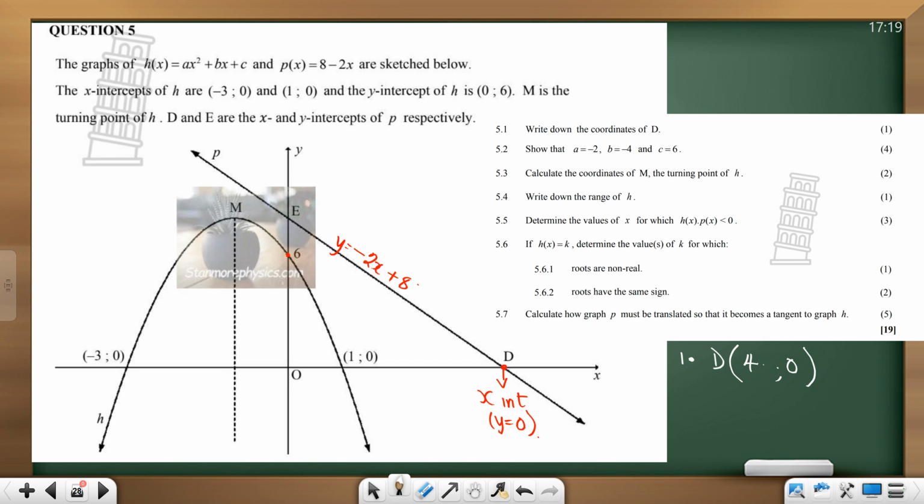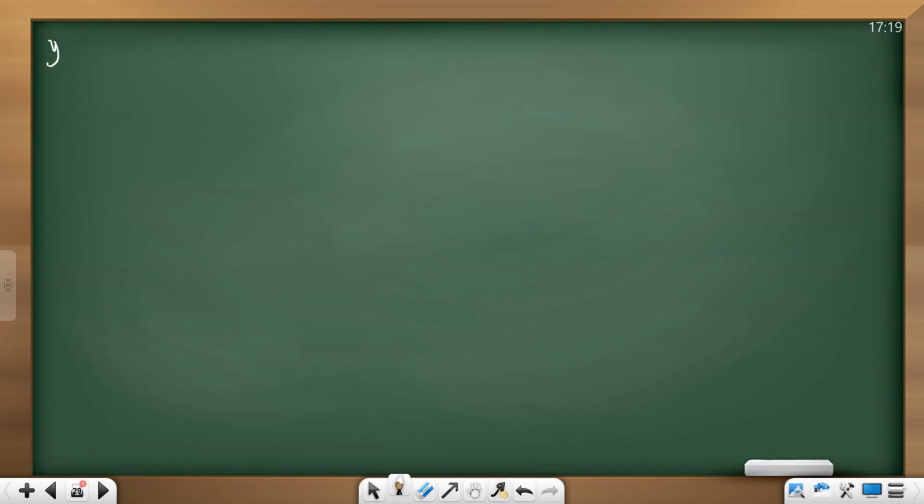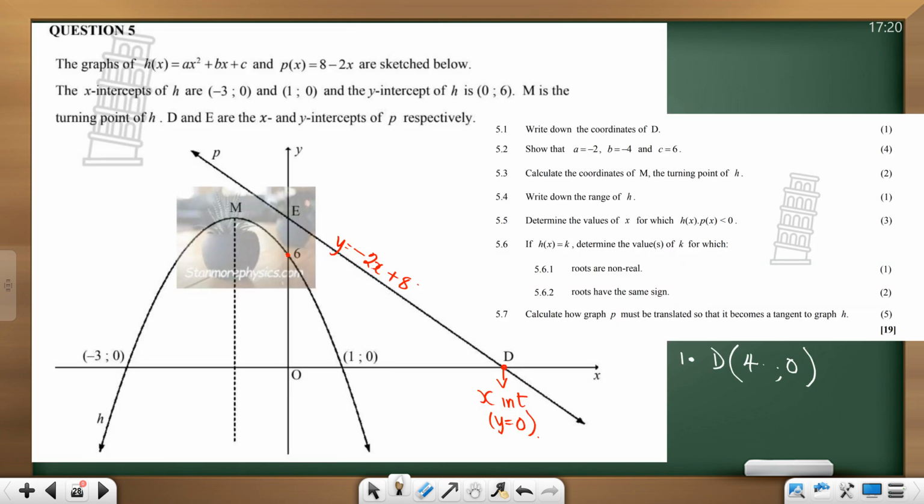Number 2. Show that a equals negative 2. Basically, they are telling us to find the equation of that line, which is exactly the same thing we did earlier on. Y equals a(x minus x1)(x minus x2). Do we know a point on the graph?